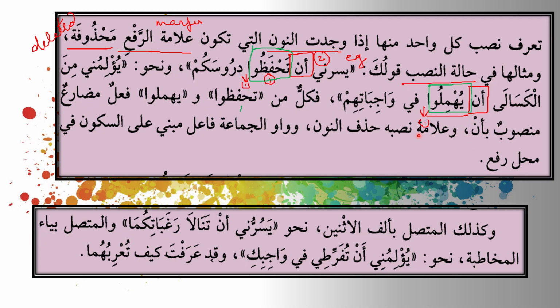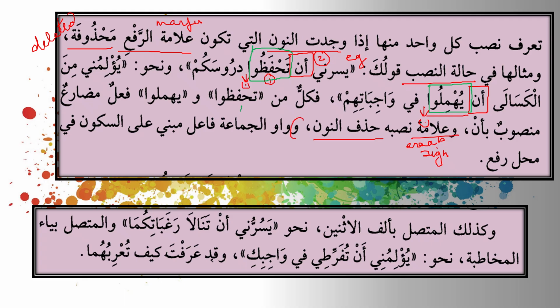And alama nasb hasfan nun. What is the sign of the nasb? It is the hasfan nun. So in the i'rab, you are going to give this proof in your i'rab that these fail mudare are in the mansub case. Why? Because alama nasb hasfan nun, because the nun has been deleted.